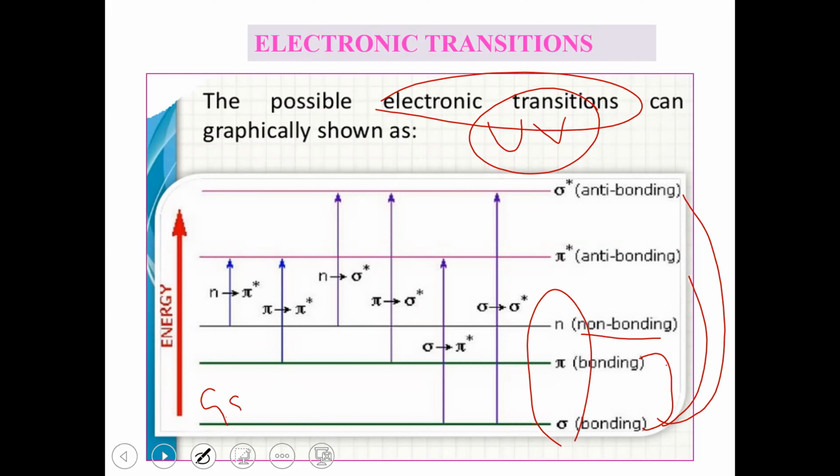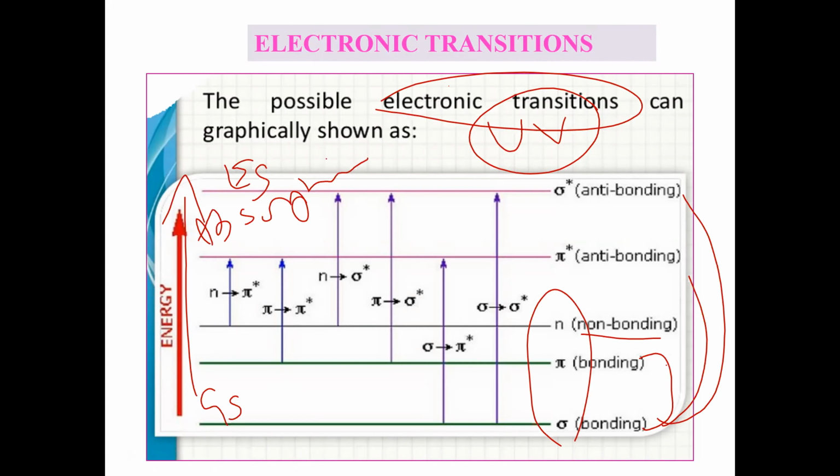This we call the ground state, and the higher one is the excited state. So when there is a transition from ground to excited state, the absorption takes place. So this is actually studied. Based on the different types of electrons, the energy consumed also varies, and once the energy varies, your wavelength is also going to vary. And you have to recall that energy is inversely proportional to wavelength.